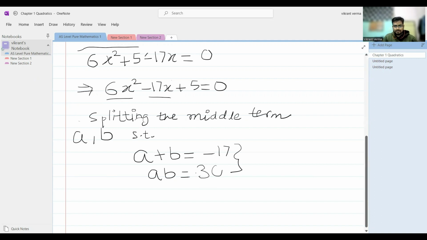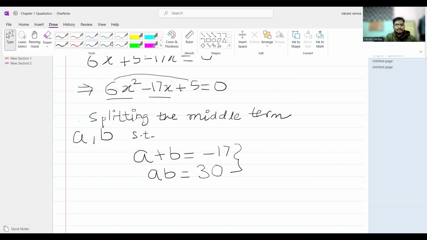The product should be 30 because see, in this splitting the middle term method, we actually take the product of these two factors, the first term and the last term. So the first term is 6, that is the coefficient of x square is 6, and the last term is 5. Okay, so let me choose some color and then it will be more clear.